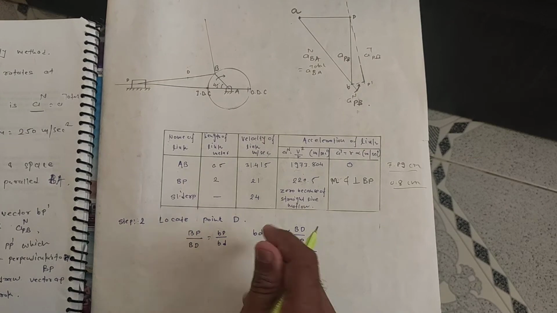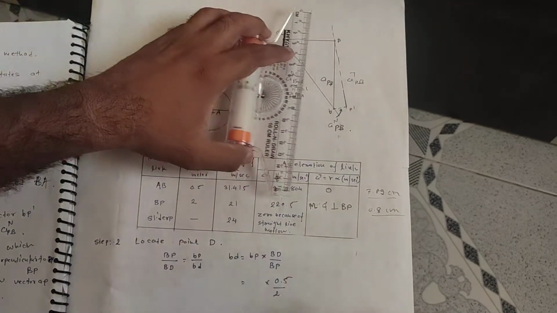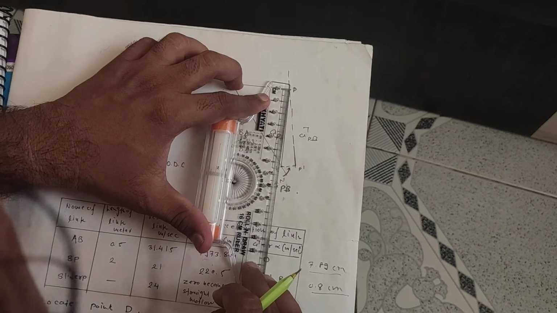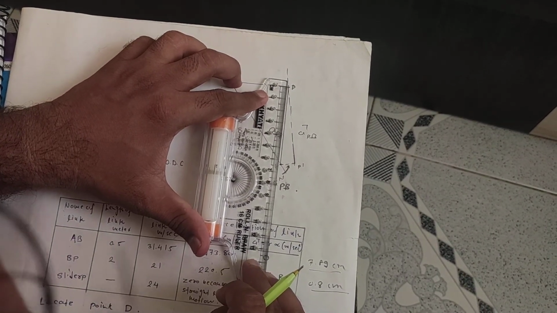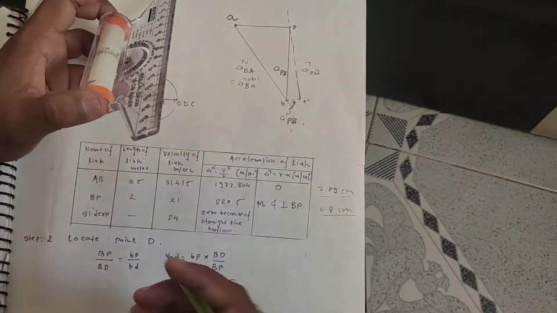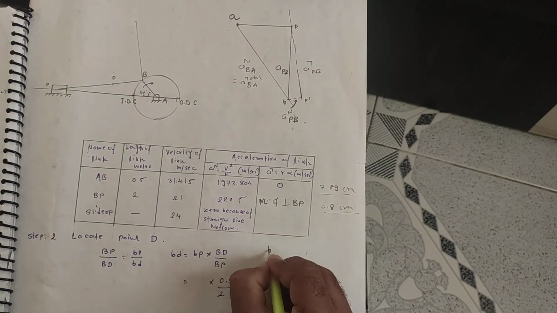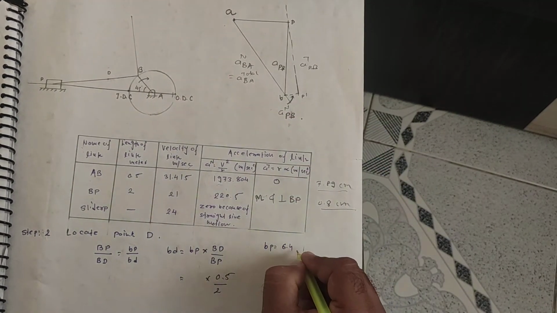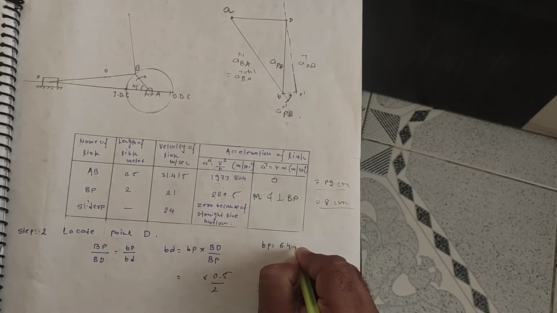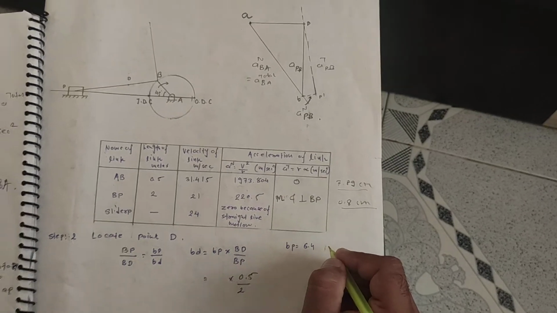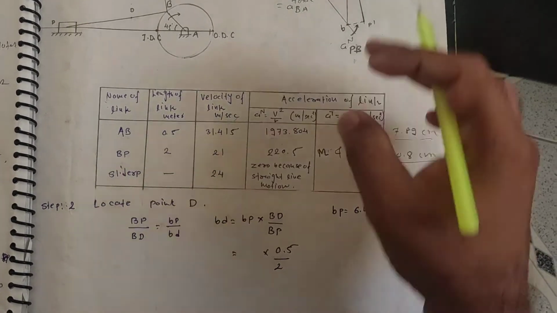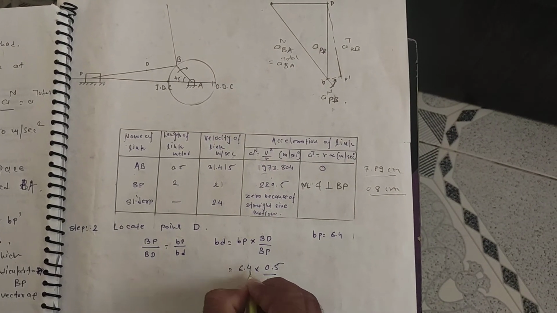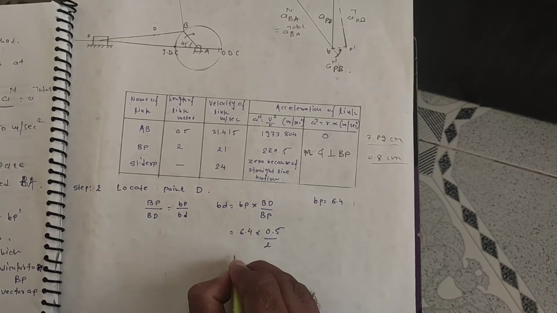So we have a value of BD, that is 0.5, and BP, that is 2. BP we have to measure by using a scale, that is approximately 6.4. This is the BP that we have to measure, 6.4, but it is only a magnitude, so it may be represented in meters per second square.